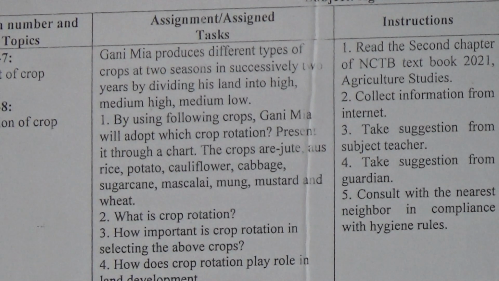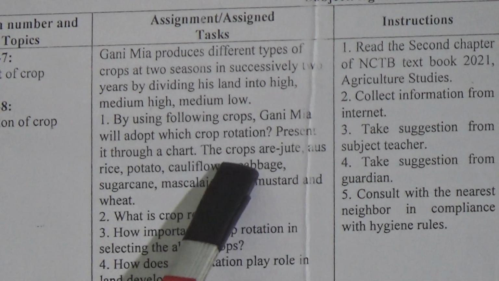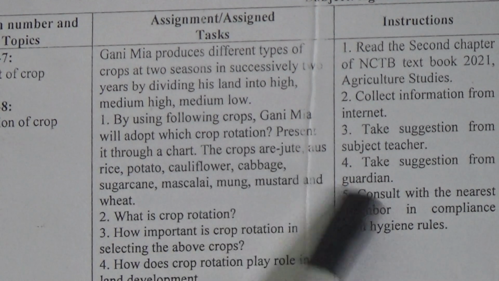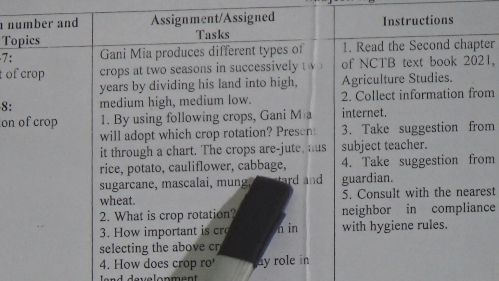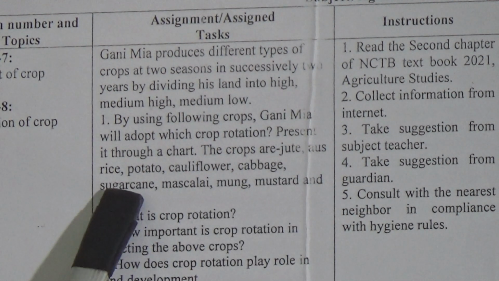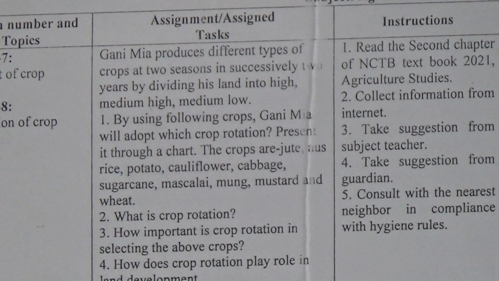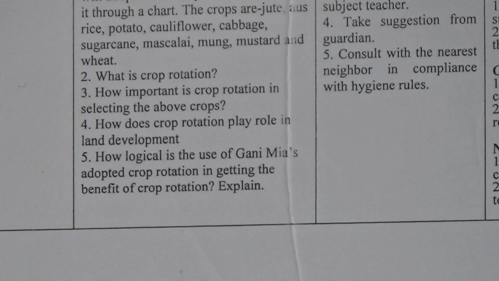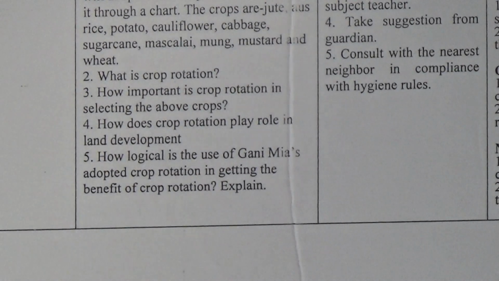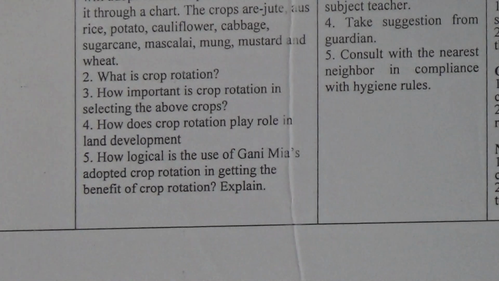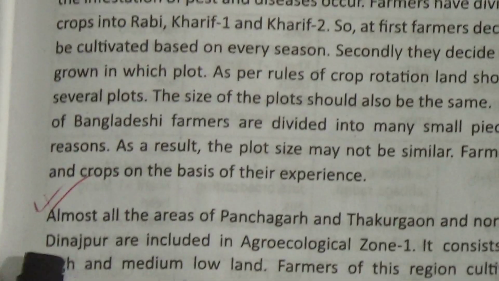Present it through a chart. The crops are jute, oats, rice, potato, cauliflower, cabbage, sugarcane, mashkalai, mung, mustard, and wheat. Dear students, you will get the answer to this first question in your textbook at page number 31. Here you may see that in the second paragraph you will find its answer.